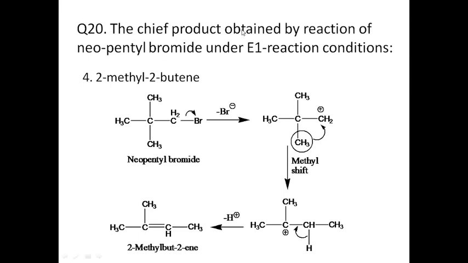You can see here under E1 reaction conditions, bromine leaves. It is a good leaving group, and there is a methyl shift, and this cation also shifts to this carbon, and a proton will be lost here, and 2-methyl-2-butene will be formed.